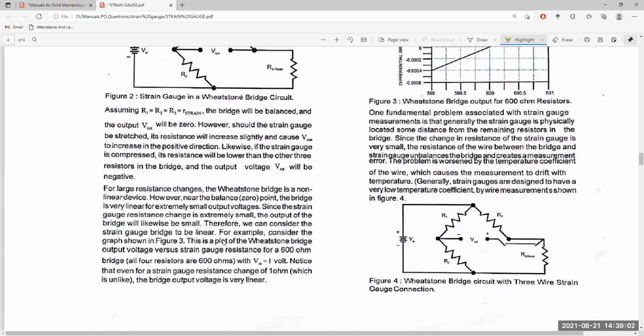Therefore, we can consider the strain gauge bridge to be linear. For example, consider the graph shown in figure 3. This is a plot of Wheatstone bridge output voltage versus the strain gauge resistance with a 600 ohm bridge. All 4 resistors are 600 ohms with VEX equal to 1 volt. Notice that even for a large strain gauge resistance change, the bridge voltage is very small.